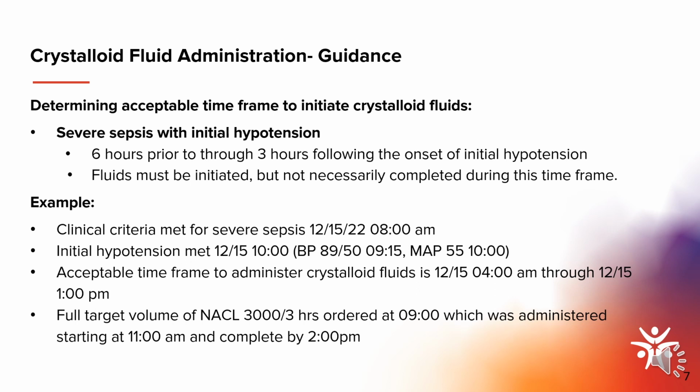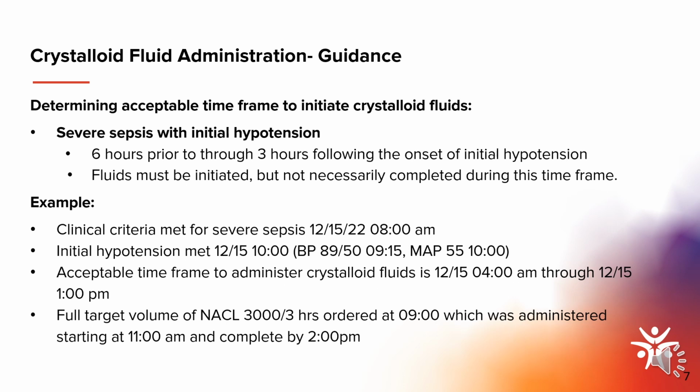We're calculating the acceptable time frame from the onset of the initial hypotension date and time and not the severe sepsis date and time. In this example, the onset of initial hypotension was at 10 o'clock, which is within the acceptable time frame for assessing initial hypotension.